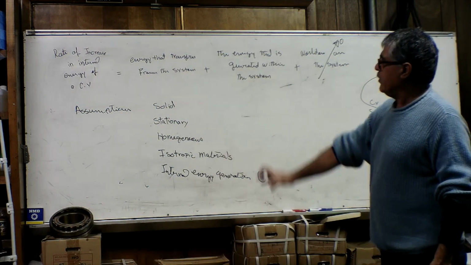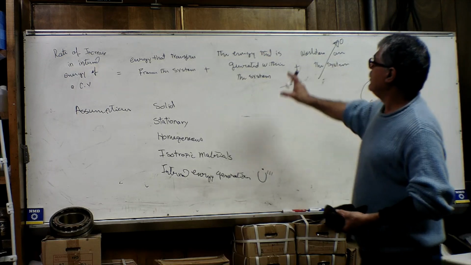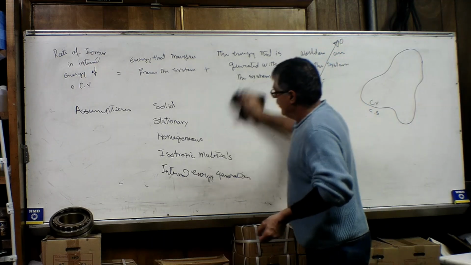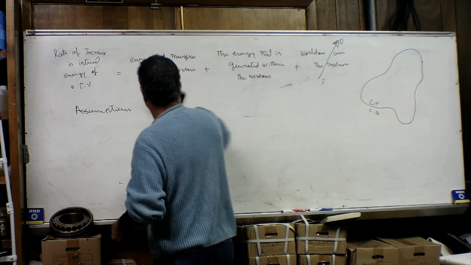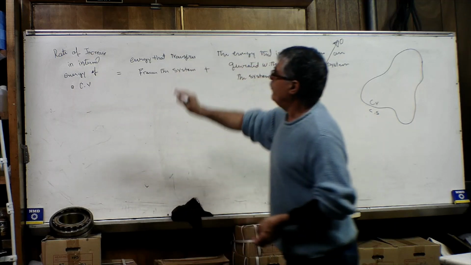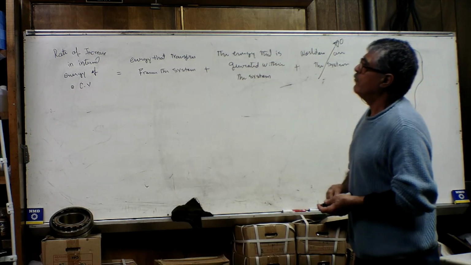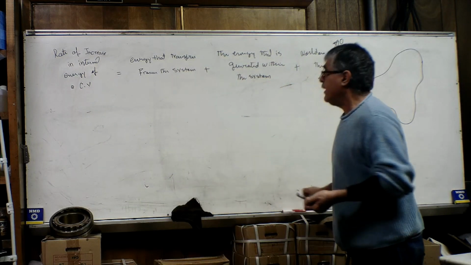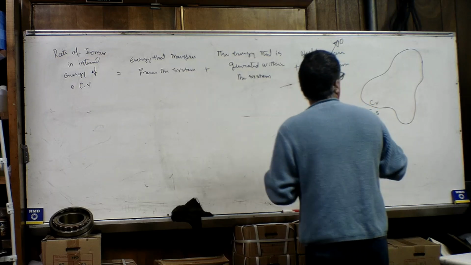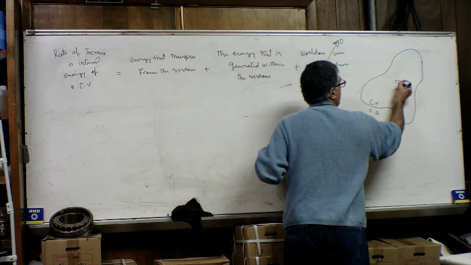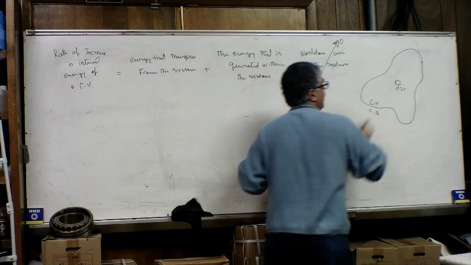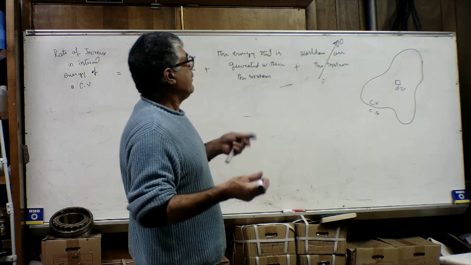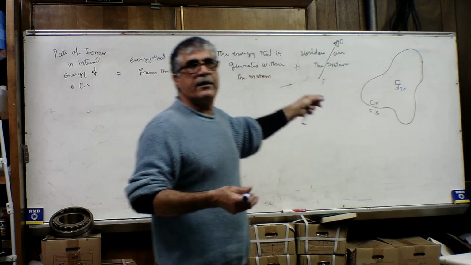So by using these assumptions, let's translate this statement into a formula. For the first portion, the rate of increase in internal energy of our control volume, let's assume a small differential volume shown by dV. Let's write the rate of increase of energy within that differential volume.